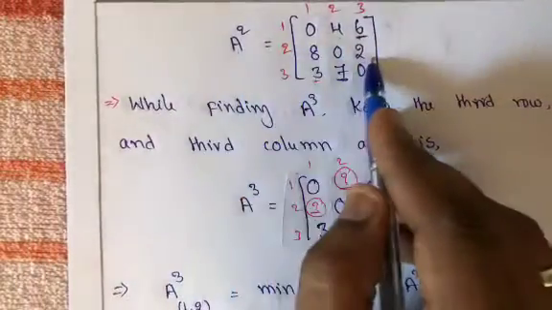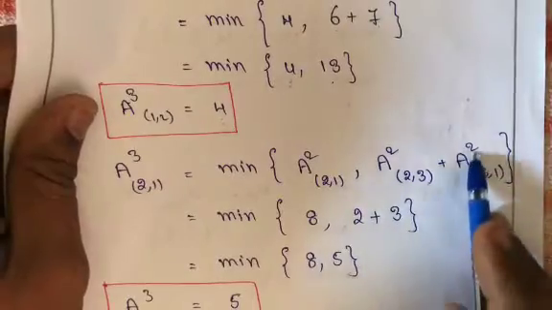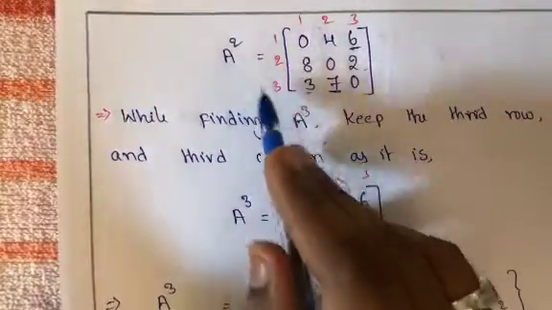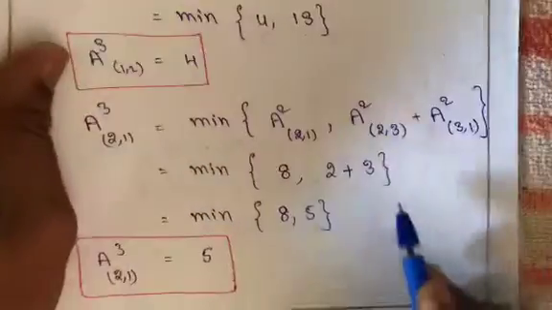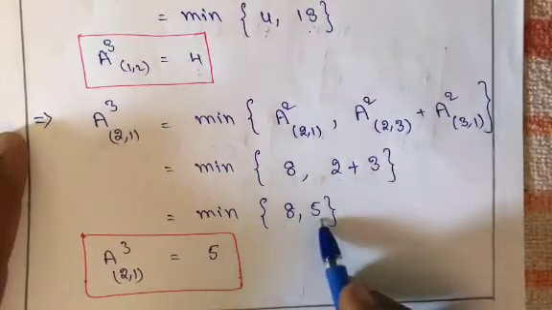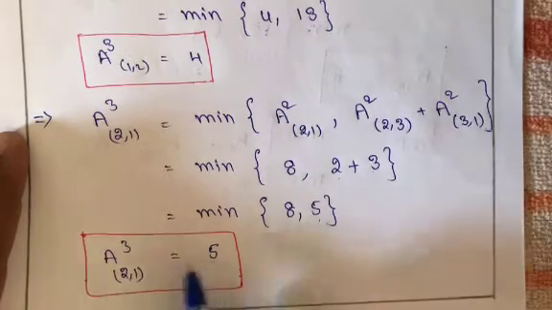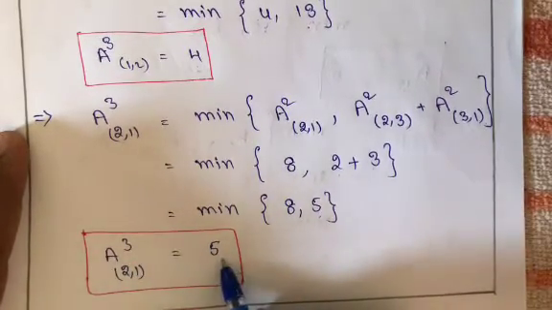A2 of 2 comma 3 is 2, then plus A2 of 3 comma 1, which is 3. So 2 plus 3 is 5, and the minimum of these two values is 5. So A3 of 2 comma 1 becomes 5.